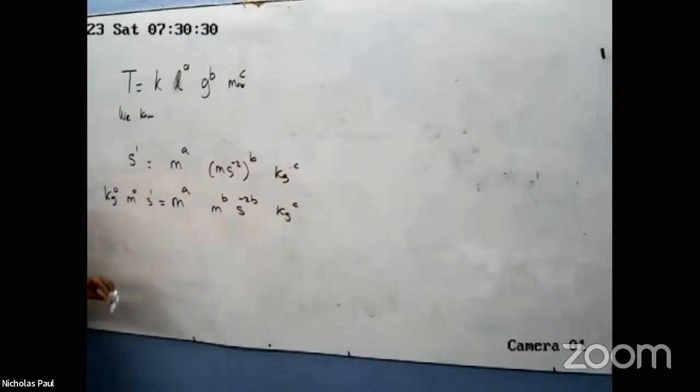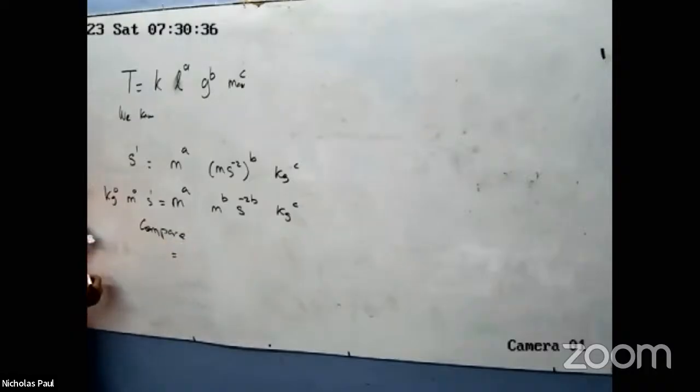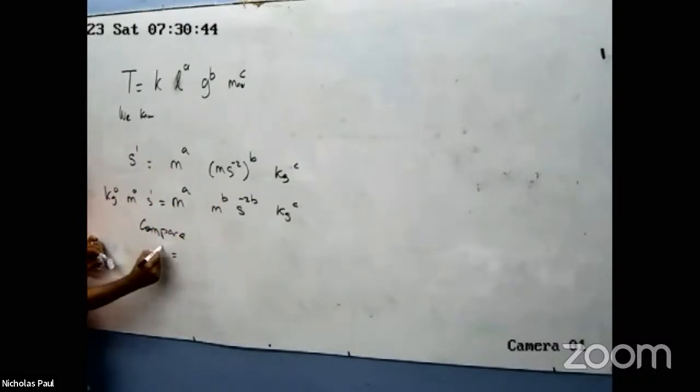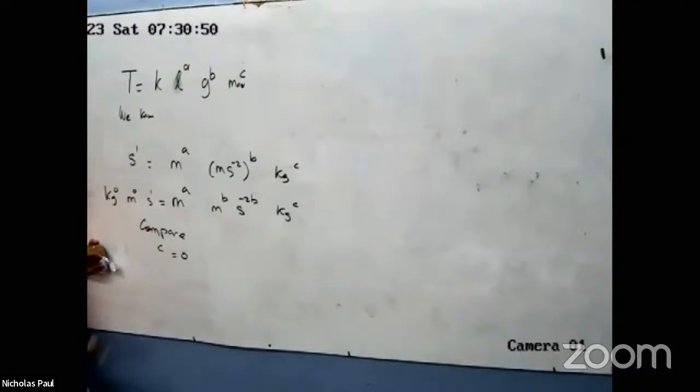Right, so here's what we're going to do. We're going to compare now. The power of kg on this side is 0, and on the other side it's C. So what does that say about C? C is 0. What's the power of m here?